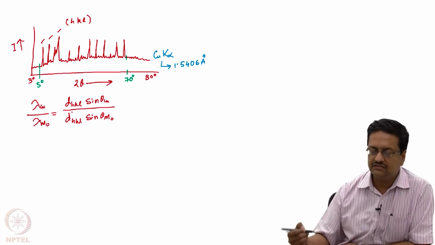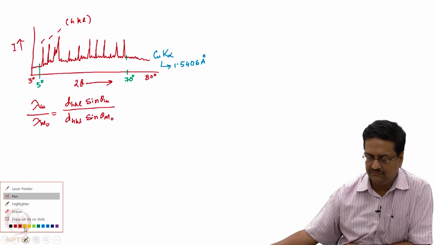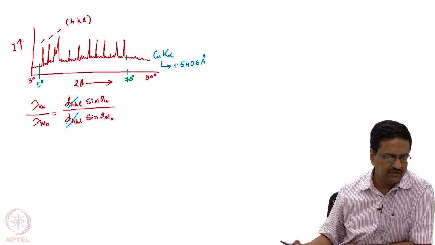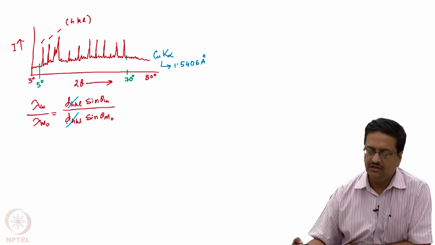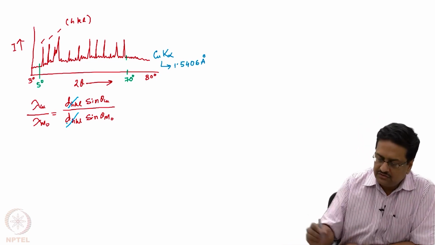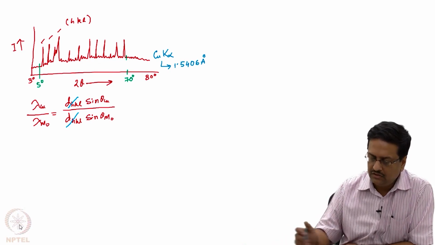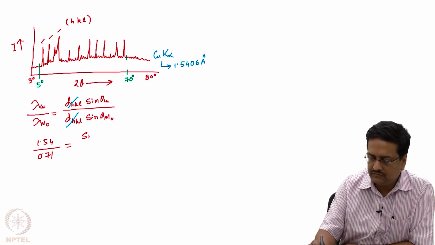Since the crystal is the same, the d values are going to be the same for a particular reflection, so they can be cancelled, and what we end up with is that sin theta copper versus sin theta molybdenum is just a ratio of the corresponding wavelengths. So if I calculate this ratio, 1.54 approximately divided by 0.71 is equal to sin theta for copper by sin theta for molybdenum.